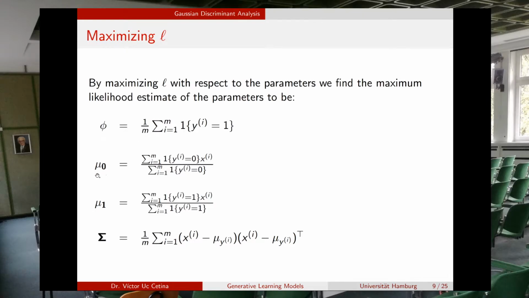In the case of the mean vectors, you need to compute a mean vector of dogs and a mean vector for elephants. So what this formula is telling us is that you need to go over all your set of animals, your 1,000 animals, and check the label of each of these animals. If the label is 0, then you take the input vector for that animal, so the height and the tail size, and you will sum that vector to the next vector, which will be the vector corresponding to the next animal that has also a label of 0.